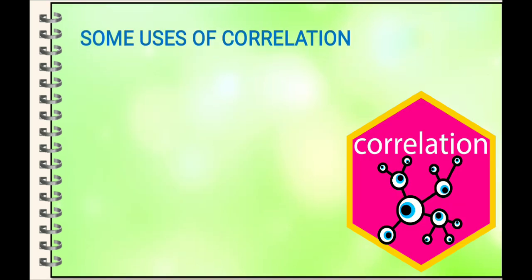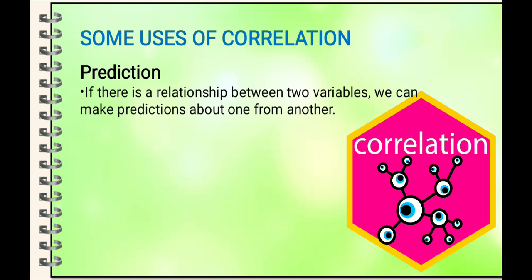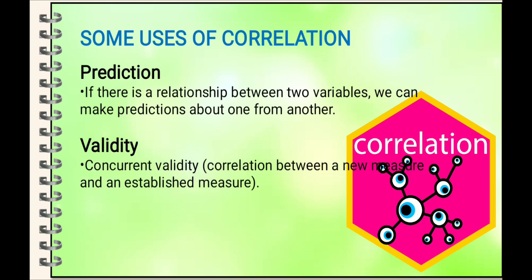What are the uses of correlation? It's for prediction. If there is a relationship between two variables, we can make predictions about one from another. Next is validity. Concurrent validity: correlation between a new measure and an established measure.